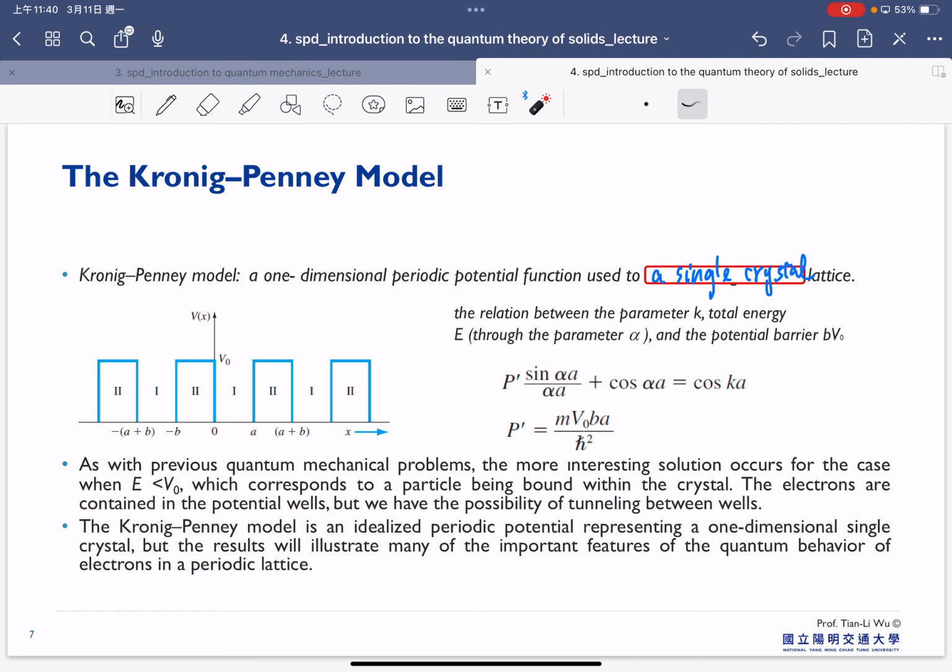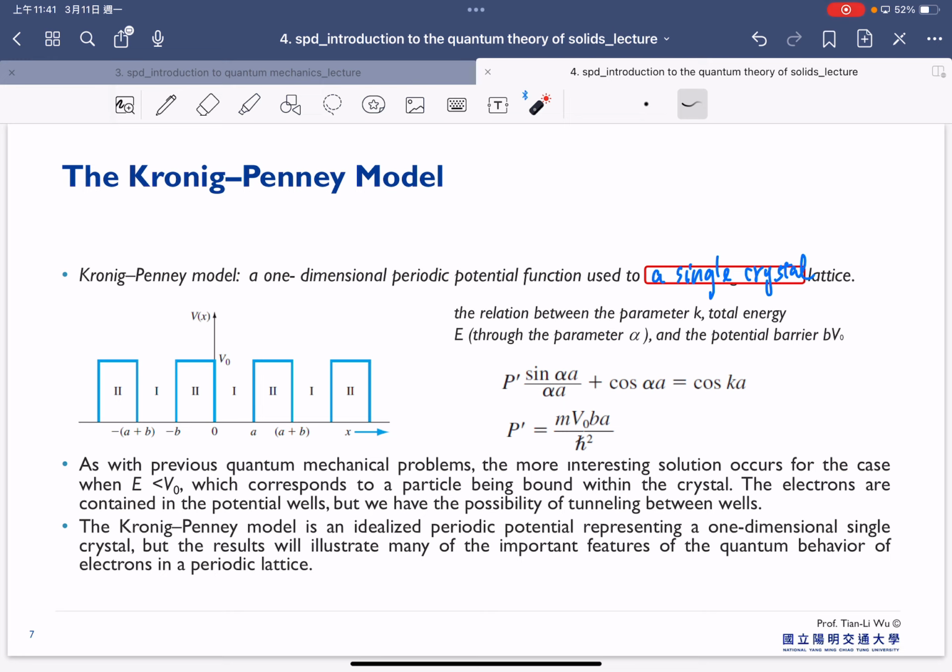So the Kronig-Penney model is an ideal periodic potential representing a one-dimensional single crystal, but the result will illustrate many important features of the quantum behavior of the electron in the periodic lattice. This is just for your information. Basically, it's just an expansion of what we have already derived before.